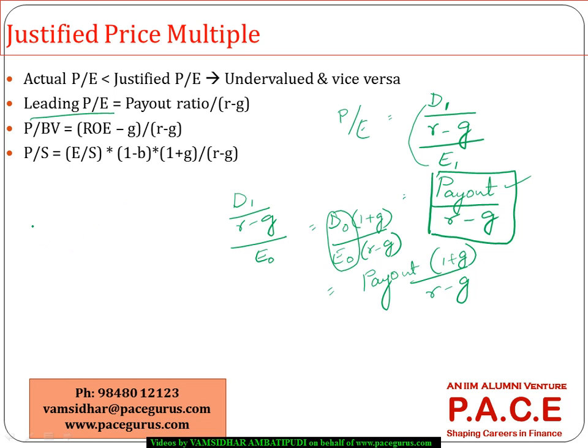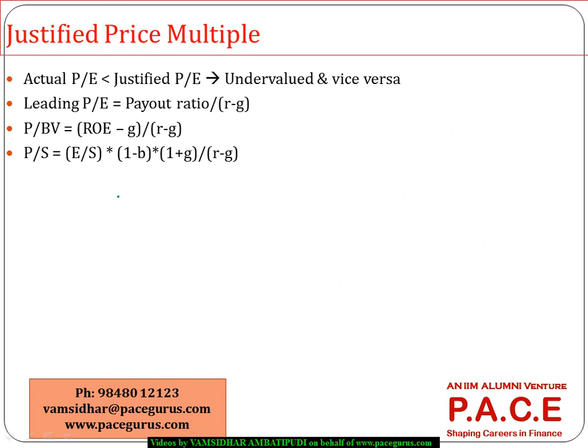Now the same approach if I have to go for price to book value. I still go by D1 by R minus G by book value. The easier way of dealing with all these things is to write the price as price by earnings into earnings by book value.